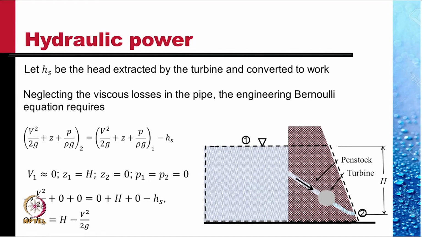So we get head extracted is equal to capital H minus V square by 2G. This we could have seen directly. From the total head H available in the reservoir, we extract all of it in the turbine except for the head of kinetic energy that the water emerges with at point 2.